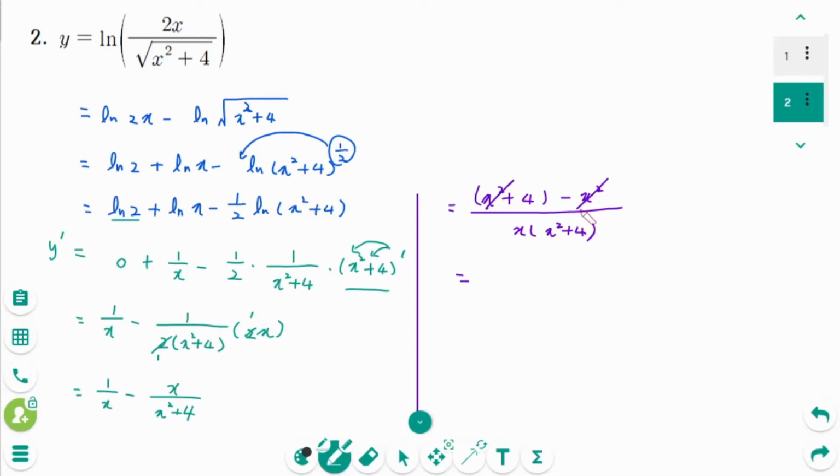Then cancelling, the final answer is 4 over x times x squared plus 4.